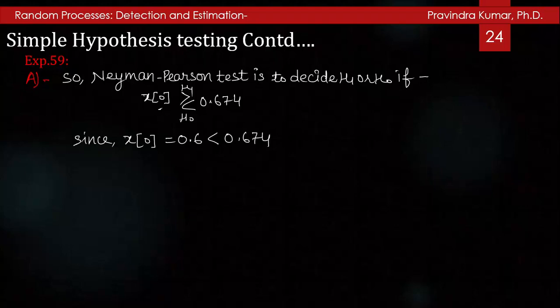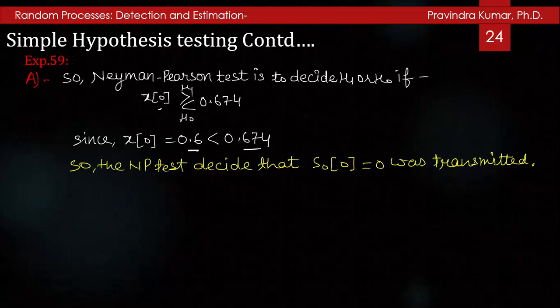But in the question you have been given X0 is 0.6, and it is less than 0.674. So the NP test decides that S0 0 is equal to 0, which means 0 was transmitted. In this case no signal was transmitted, only noise is present at the receiver. The NP detector decides this.